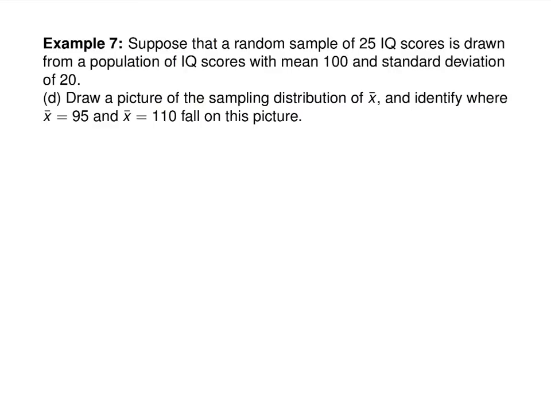Next, draw a picture of the sampling distribution and tell me where x bar equals 95 and x bar equals 110 are. Okay, so in the middle, our mean of 100. Then our standard deviation of x bar is 4, so we have 104, 108, and 112. And below 100 we have 96, 92, and 88.